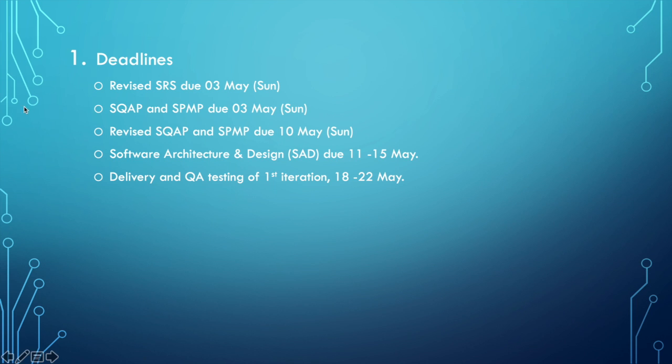The SPMP is the responsibility of the project manager and assistant project managers only. Okay? So they're the ones planning. The software project management plan is concerned with planning the milestones and work units that need to be done in the next 3 or 4 weeks, including this week, where we deliver the first iteration on the 7th week.